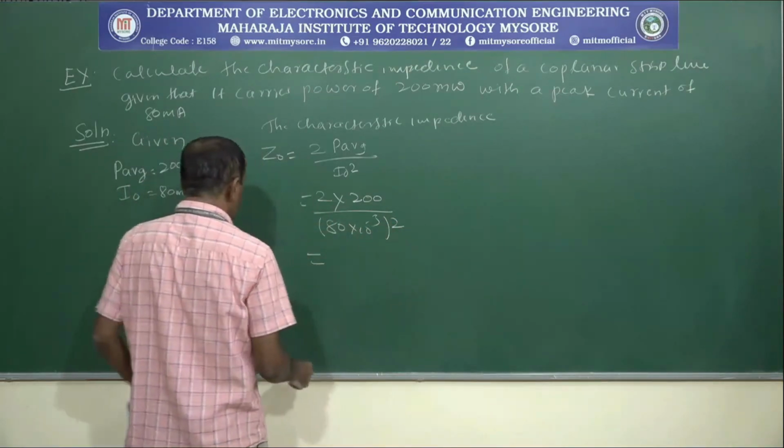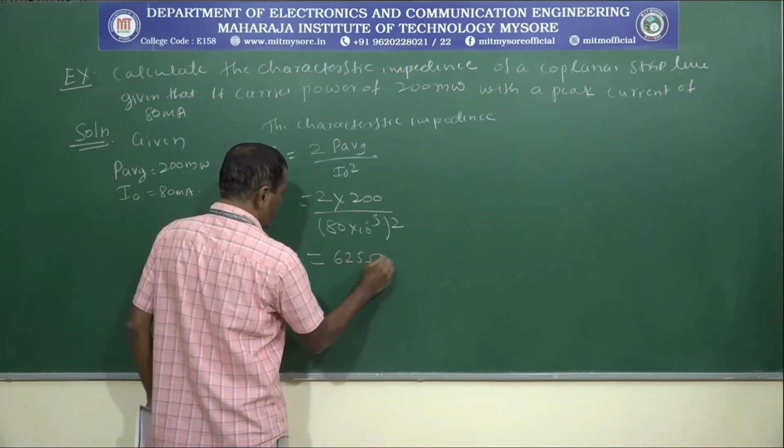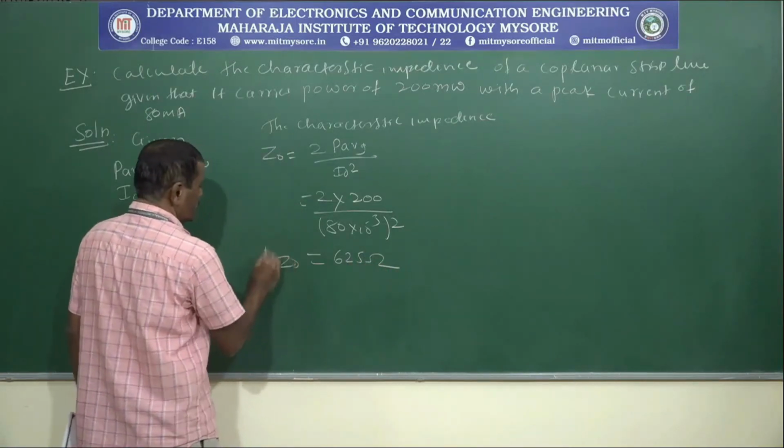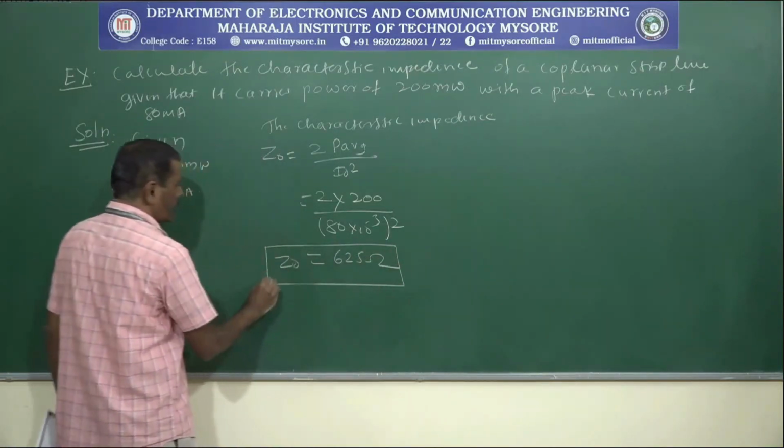So this is going to give us 62.5 ohms. So this is the characteristic impedance.